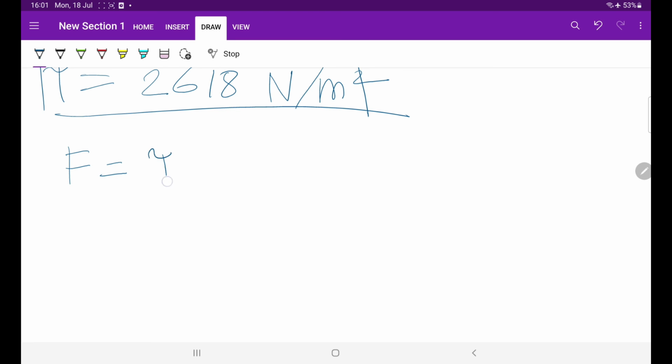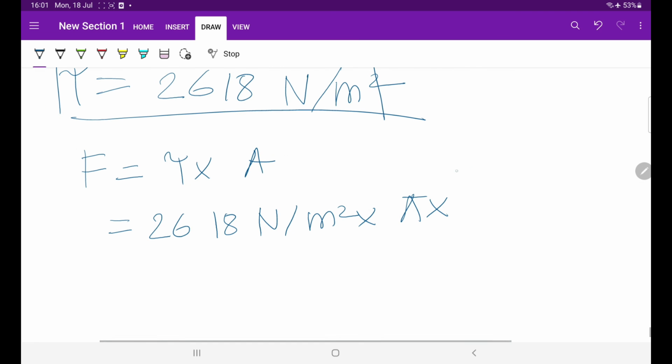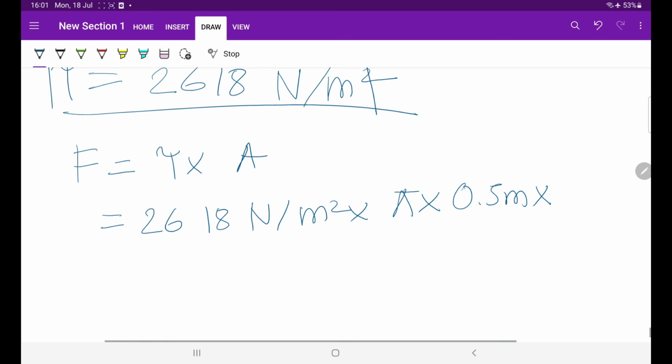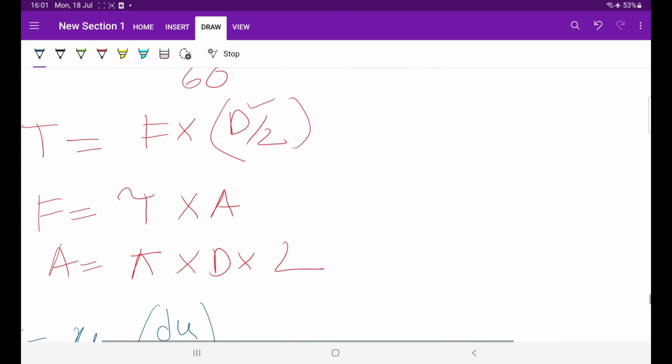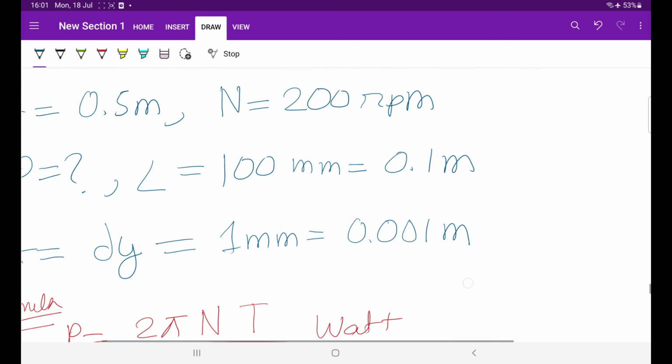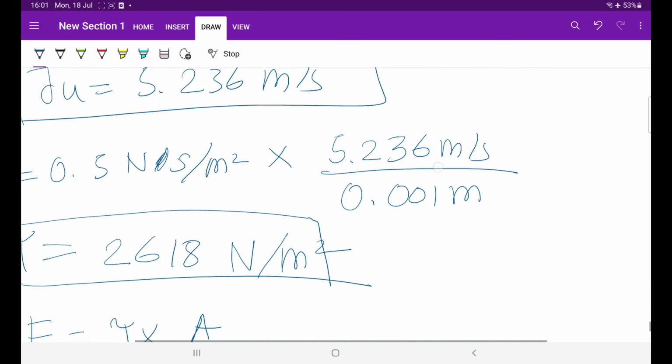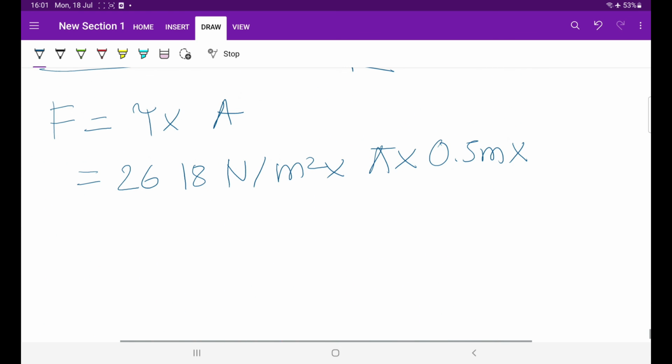Now we need force equals to tau into A. So it will be 2618 Newton per meter square into pi dl. Pi into d, we know 0.5 meter, into L. As you can see, A is equals to pi d into L. L is the length of the shaft, 0.1 meter.